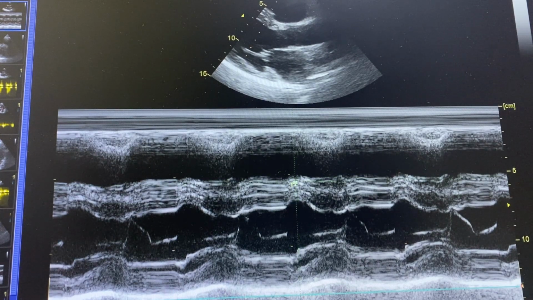But this patient has no risk factors for LVH. If I measure from here, it will be 1.3. It is having some LVH, but it's not massive.